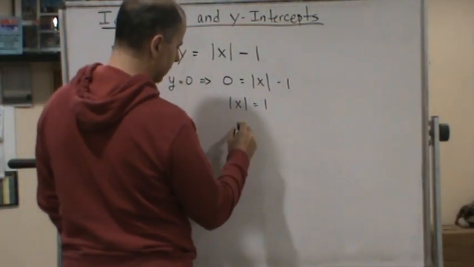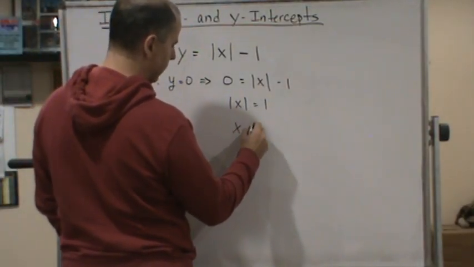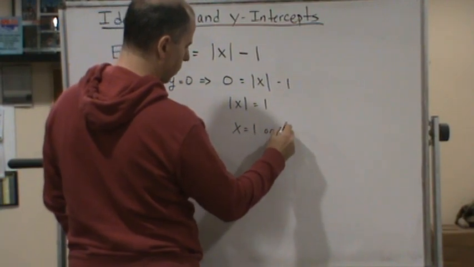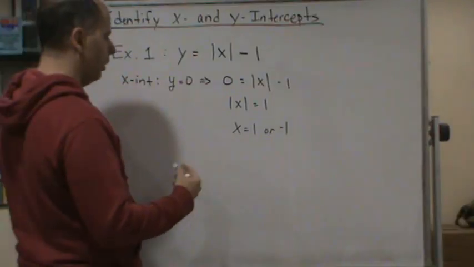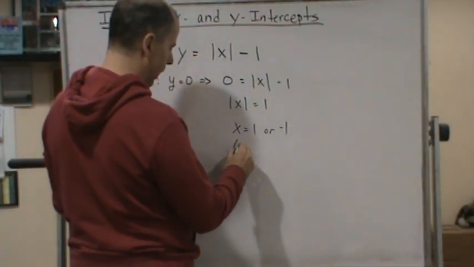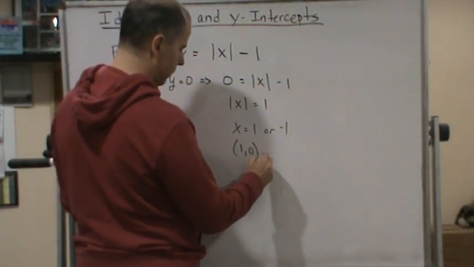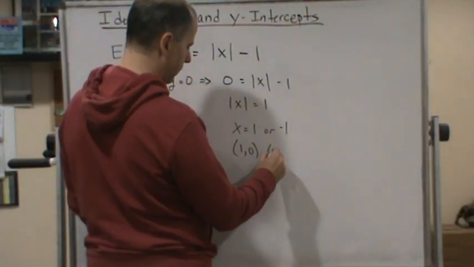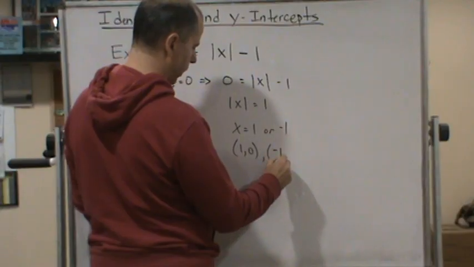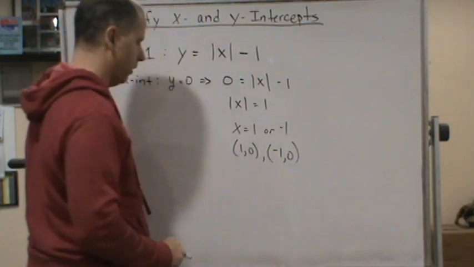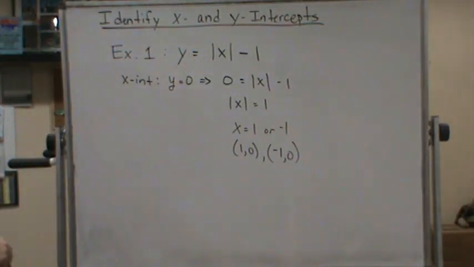So x is either equal to 1 or negative 1. And so that means we have two x-intercepts. We have (1, 0) and we have (-1, 0). So in this case we have two x-intercepts.